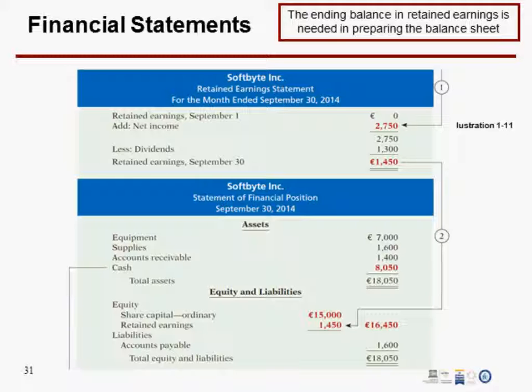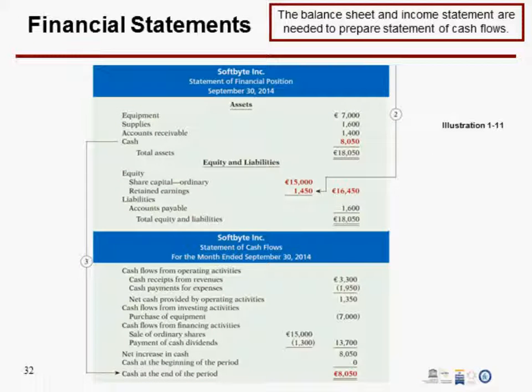So now, after preparing our statement of financial position, there is a cash balance of 8,050. This cash balance, how did you get the cash? You have to make a statement of cash flow.